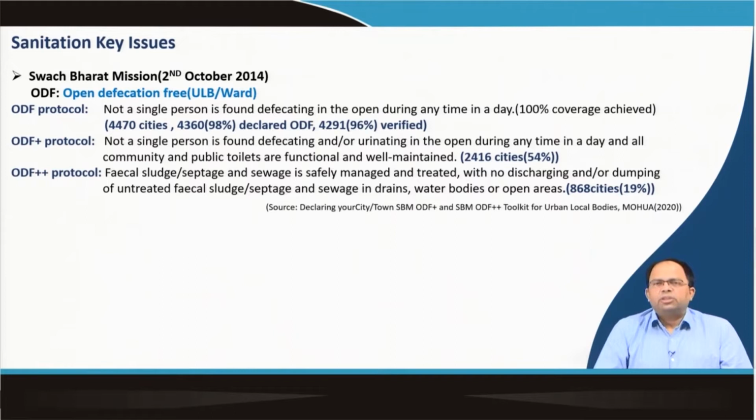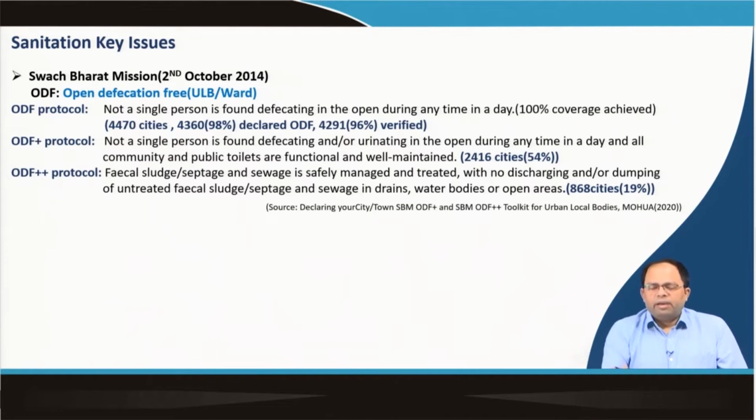ODF is open defecation free, particularly targeting ULBs and wards, as we are looking at the urban part. The three protocols are the ODF protocol, ODF plus protocol, and ODF plus plus protocol. What is the ODF protocol? It says that not a single person should be found defecating in the open at any time in a day.